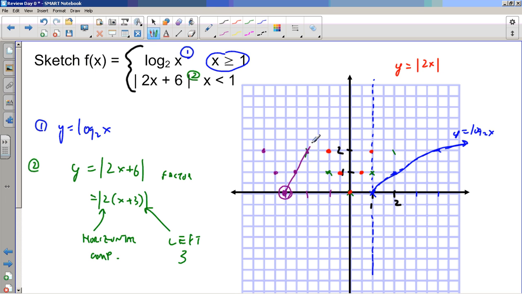Now notice that this graph is going to keep going like this until about here, and then there's going to be a hole there because that's when the blue one then takes over. And now this is the piecewise function put together, where this part keeps on going forever. There's a hole here at some point, and this is colored in, and then the two pieces together represent f at x.